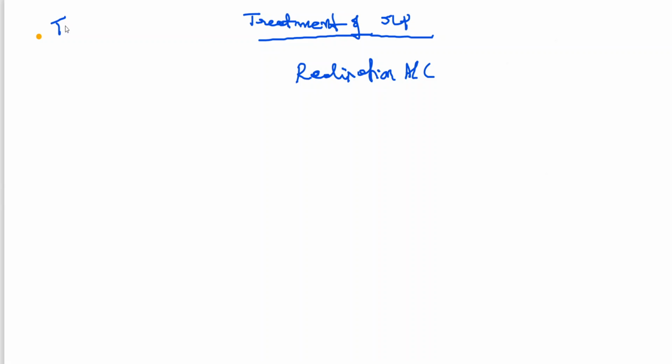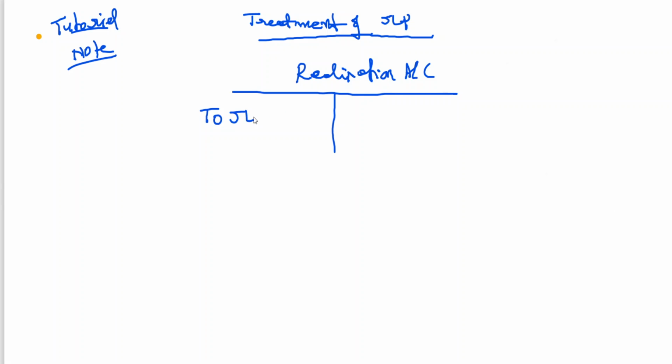This is just a tutorial note for you to understand this. This is the tutorial note I am writing. Okay. So realization account, you write here: to joint life policy 10,000. By joint life policy reserve 10,000. What has been given in the balance sheet?